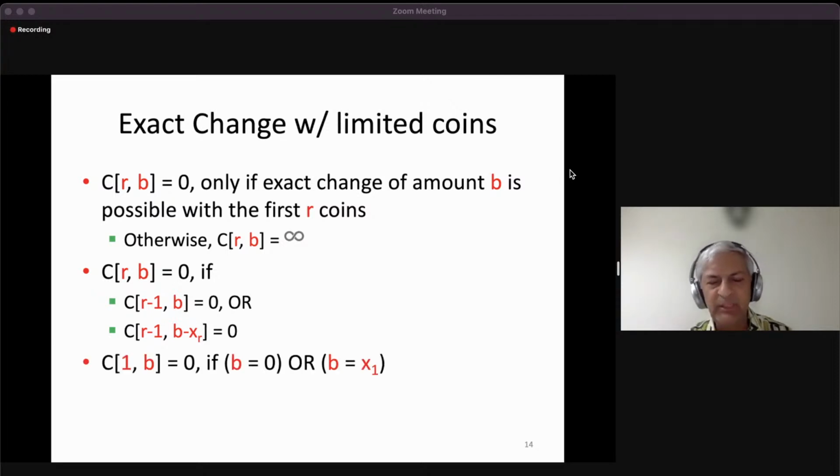And it doesn't tell you how to fill up the first row. So the first row, we have to do this by hand. And remember, for the first row, it's going to be a 0 either for the column for 0 or the column for x1, where x1 is the denomination of the first coin. And since there's only one copy, you will only get 2 zeros in the first row, and that's in column 0 and column x1.